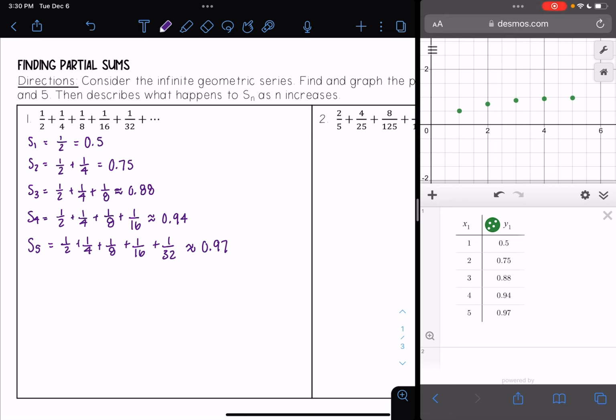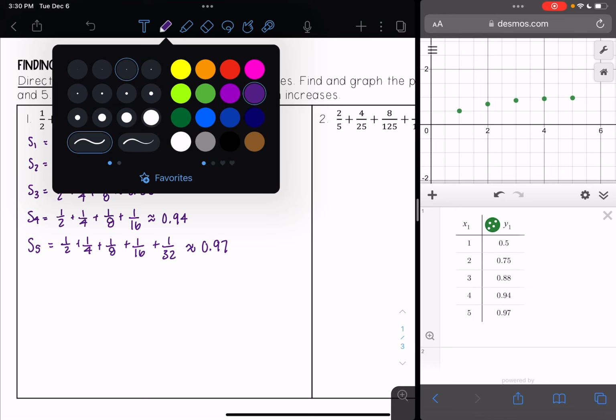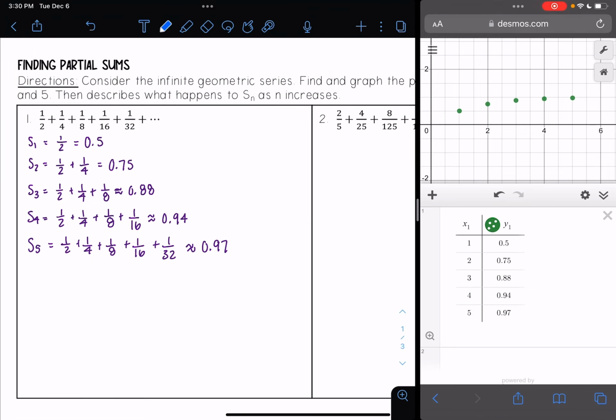And this last part asks me to describe what happens to Sn as n increases. And so I see as my n increases from 1 to 5, that my S value, my Sn, is getting closer and closer to 1.